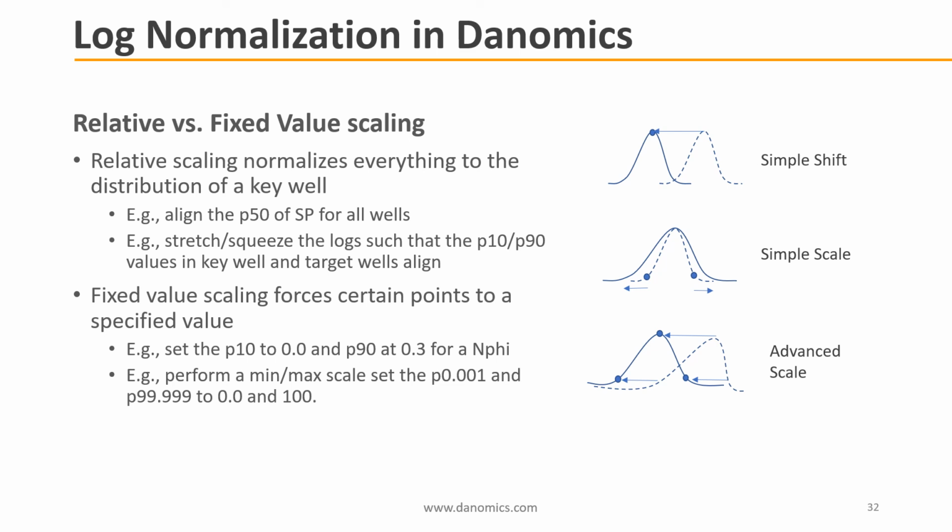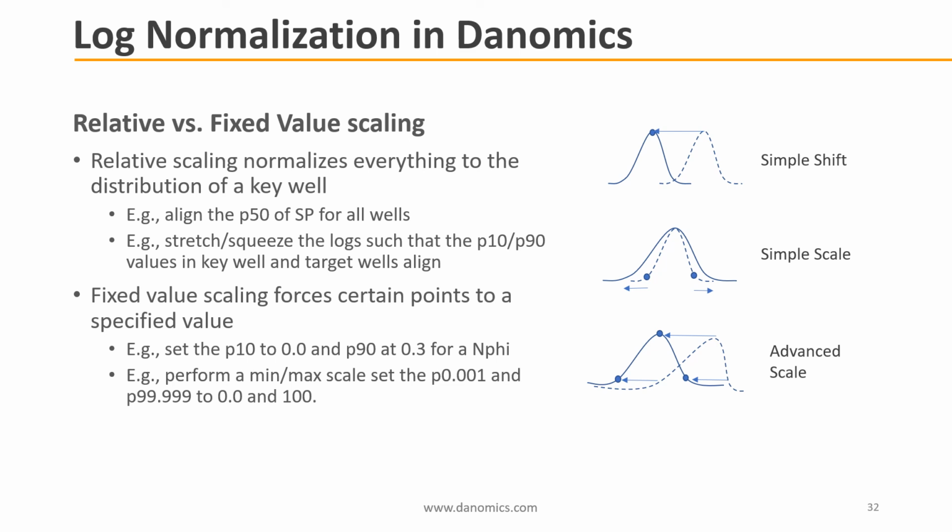We also focus on giving the interpreter easy access to normalization. So we do both relative and fixed value scaling within Danomics. This is easy to do, and we have it set up for one-click normalization where you just select the method. How do you want to do this?